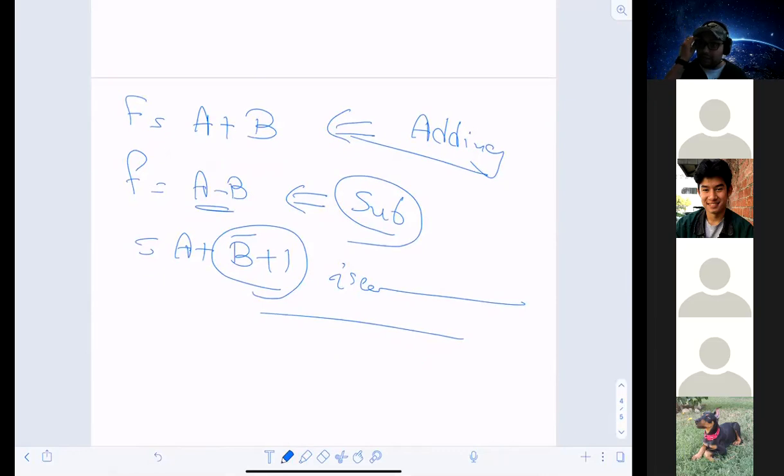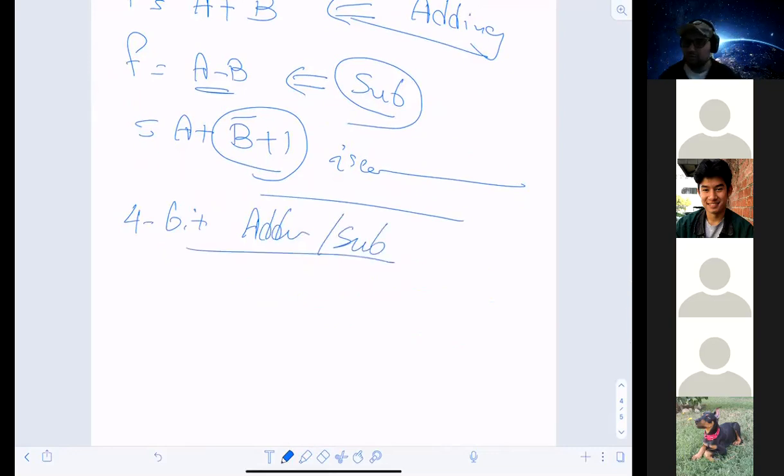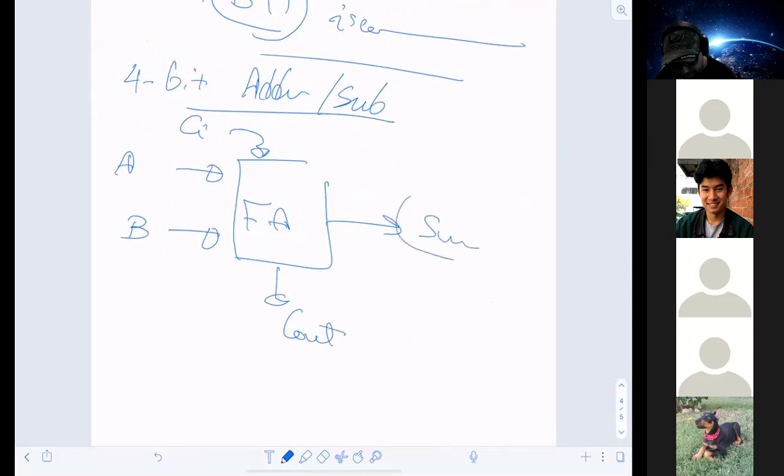Imagine that I'm building a circuit performing a 4-bit adder subtractor. So I'm designing a 4-bit adder subtractor. What should I do? I have done it in front of you before, the full adder. The full adder is like this, FA. It has 2 inputs, A and B, and it has carry in, carry out, and the sum.